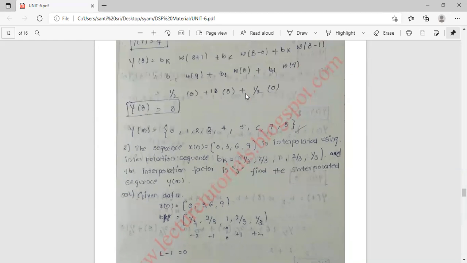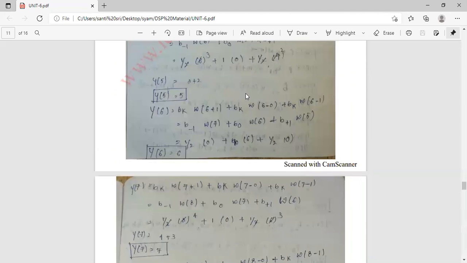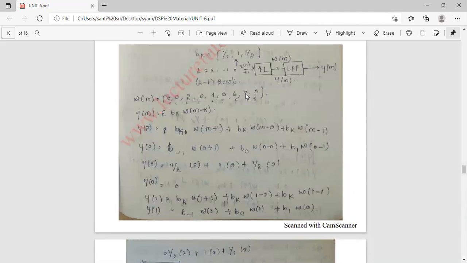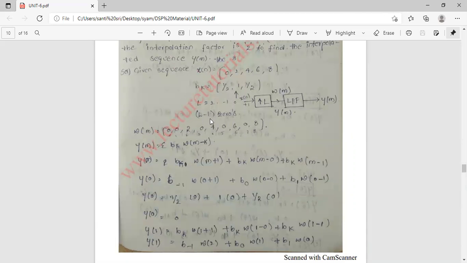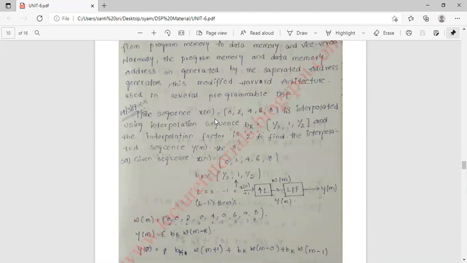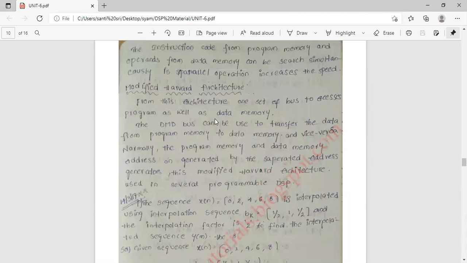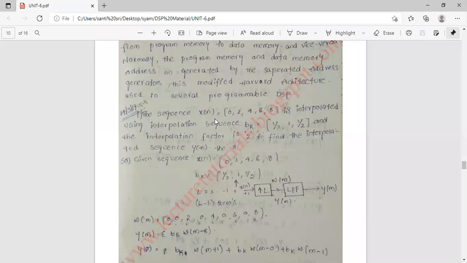In the above problem also, L minus 1 is given as 1. L minus 1 is 2 minus 1, that is 1. So we have one 0 in between this sequence: 0 to 2 one 0, 2 to 4 one 0, 4 to 6 one 0, 6 to 8 one 0. Like that we have taken.